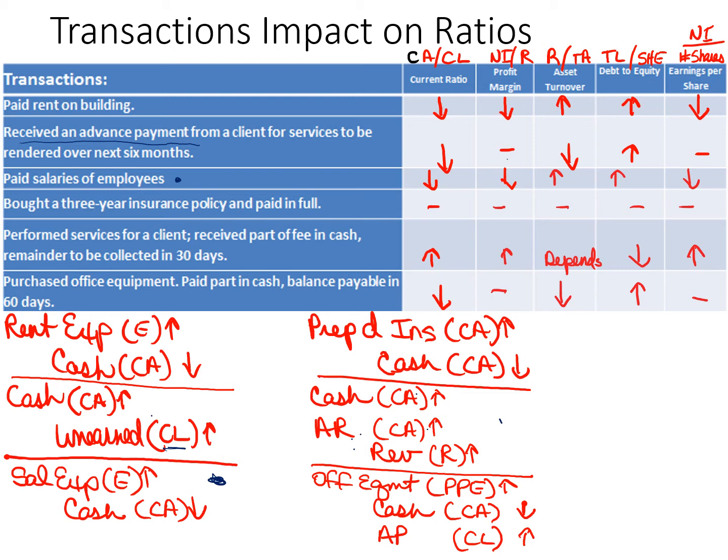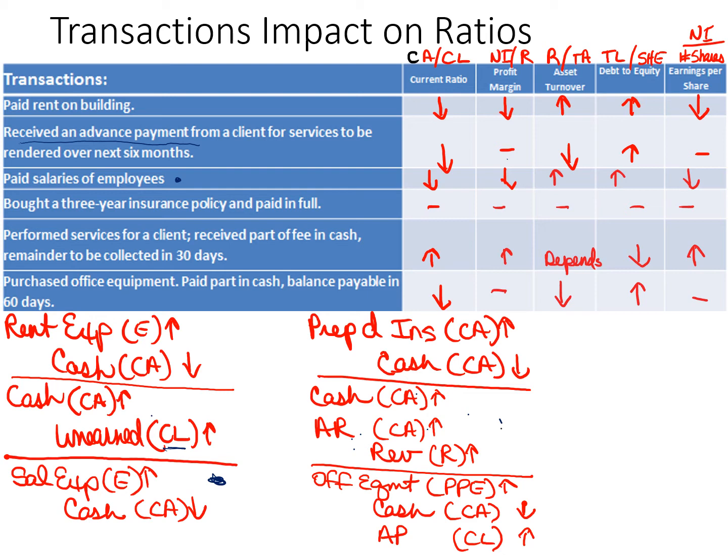Because my net income is decreasing, my profit margin will decrease. Because my total assets are decreasing, cash is going down, my asset turnover will increase.